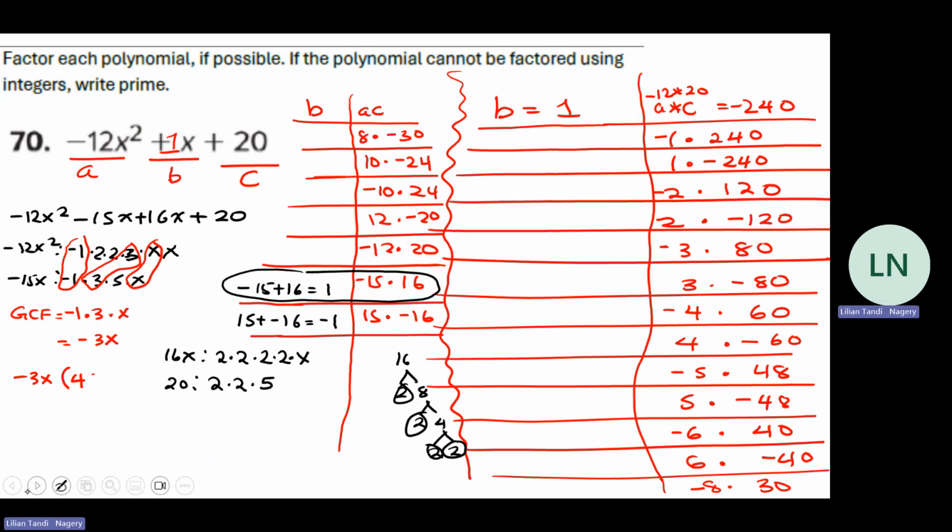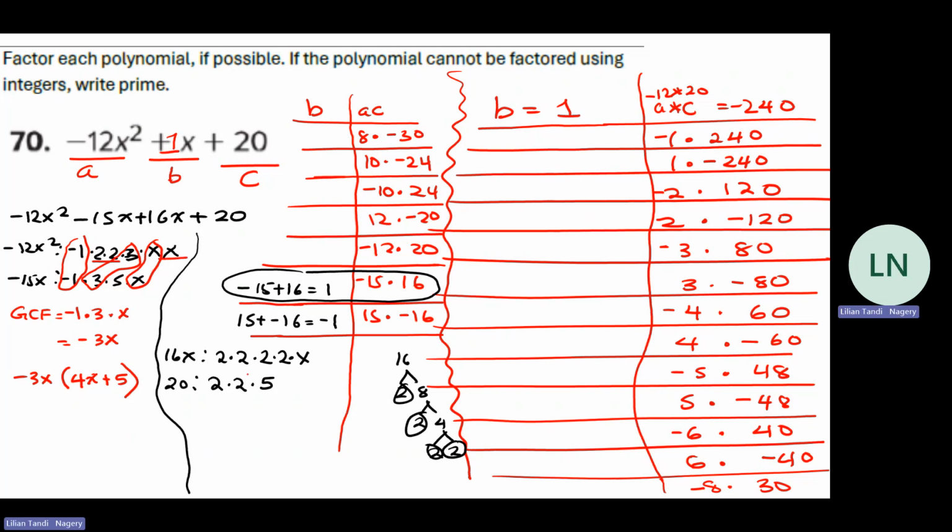So this will be 4x plus 5, because that 5 is positive, okay? And here you're left with 2 times 2 and this x.